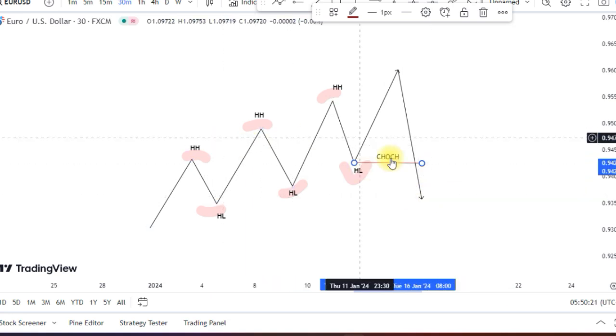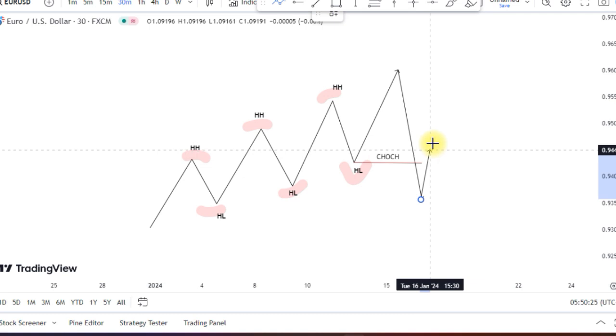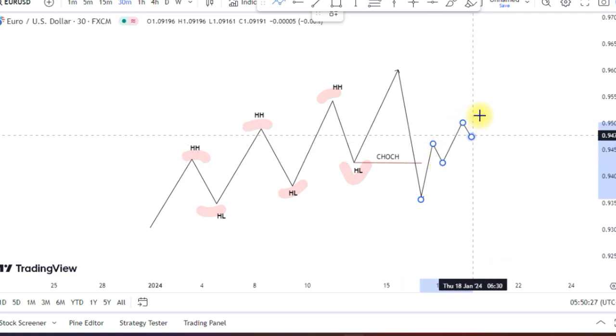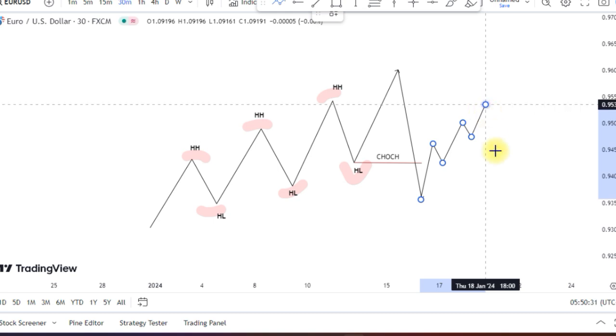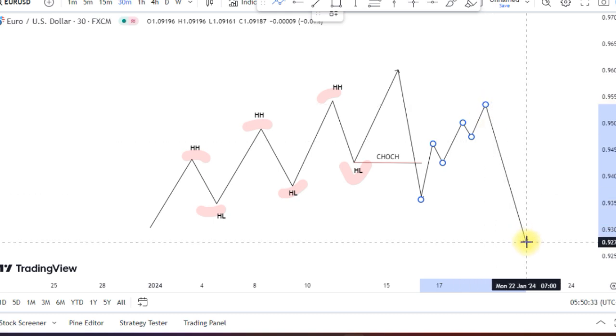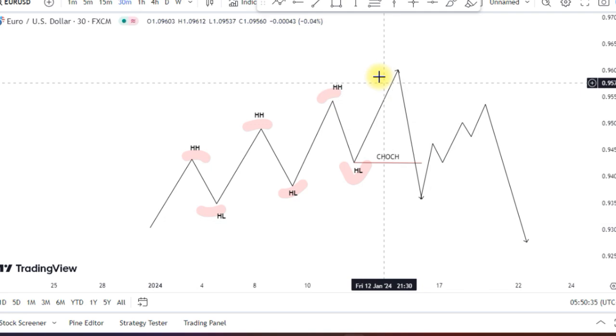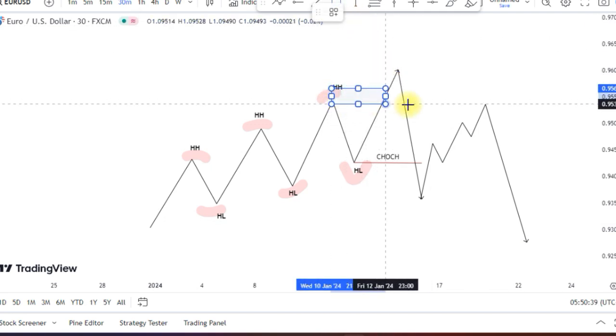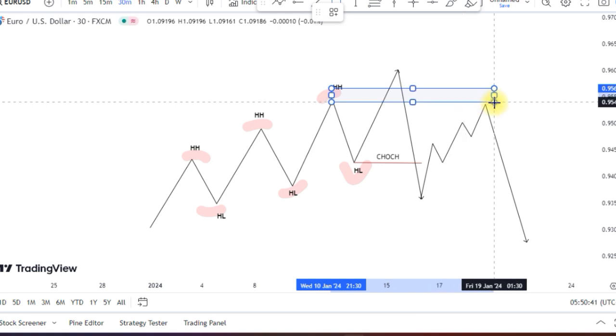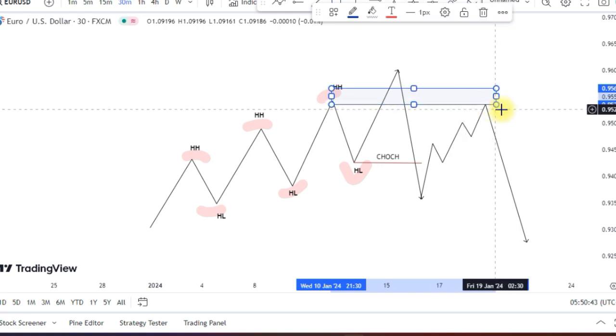And now what we can expect from this is for the market to reverse to a point into this higher low, into this higher high, and then start pushing to the upside. So what the market will do is to find a trading area, either a QML or a breaker block or an order block.